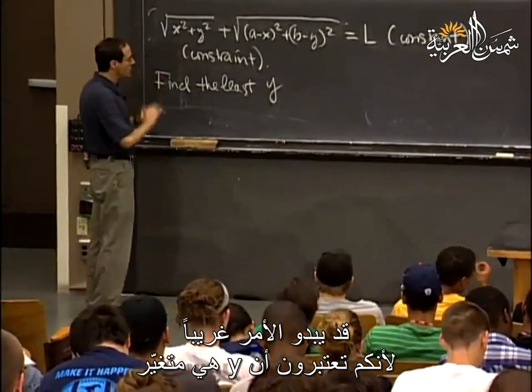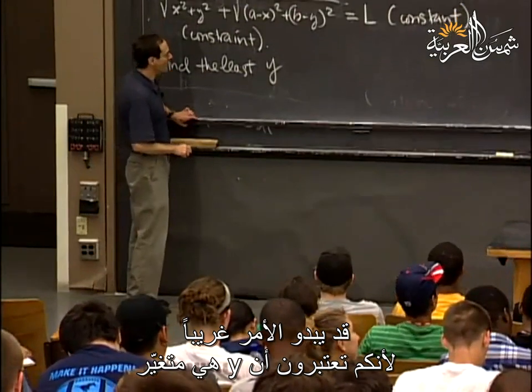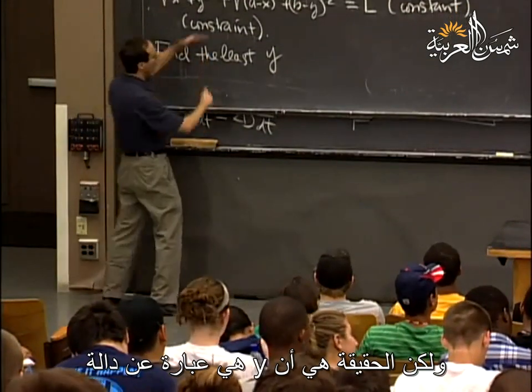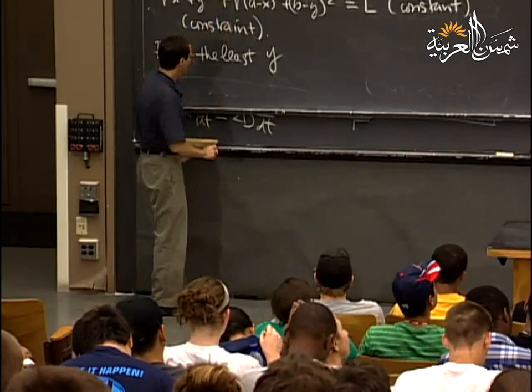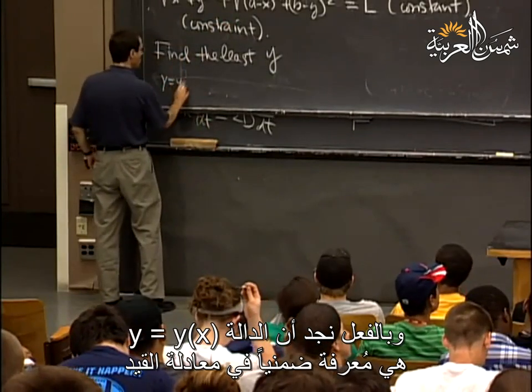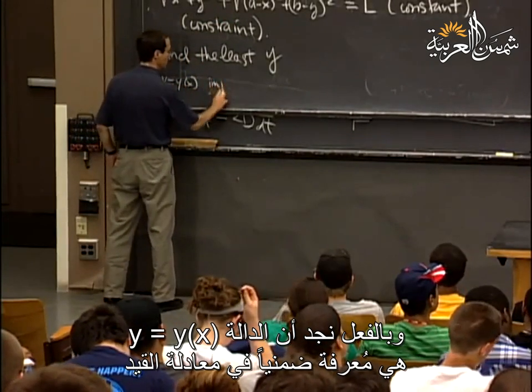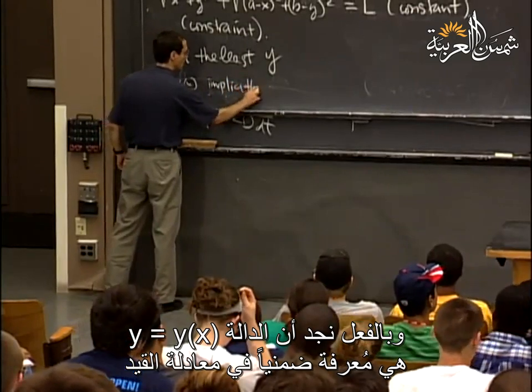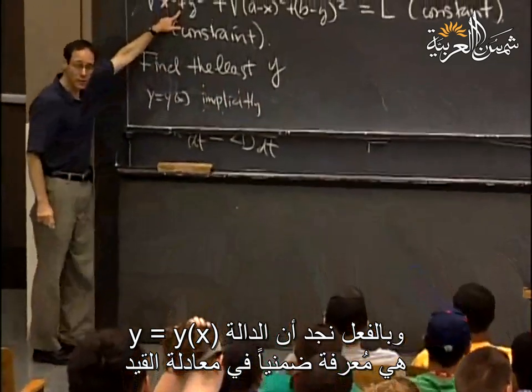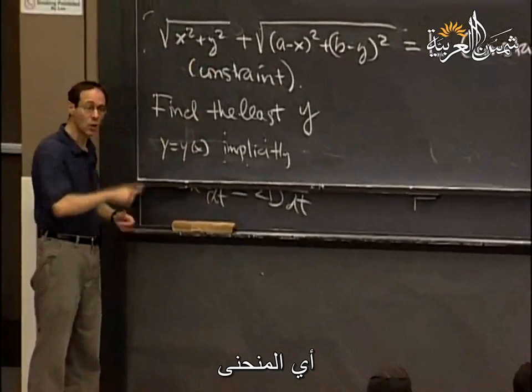Now, the reason why it seems a little weird is you might think of y as just being a variable, but really y is a function. It's really y equals y of x, defined implicitly by the constraint equation. That's what that curve is.